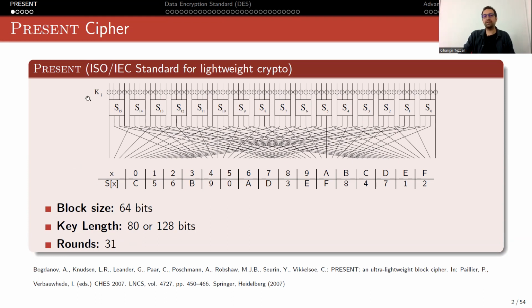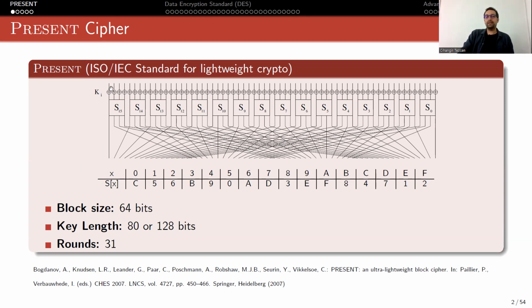Round keys are 64 bits, not 80 or 128. This is the important thing, because here I'm XORing the input with the round key, so their sizes should be identical. Since the block size is 64 bits, round keys are 64 bits. So round keys don't have to be the same size as the master key.